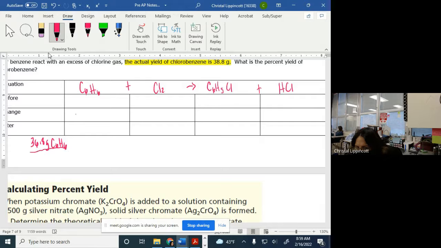So I'm going to divide that by the molecular mass of this, which is 78. And that's going to give me my moles. 36.8 divided by 78. It's going to give me my moles here of my benzene.